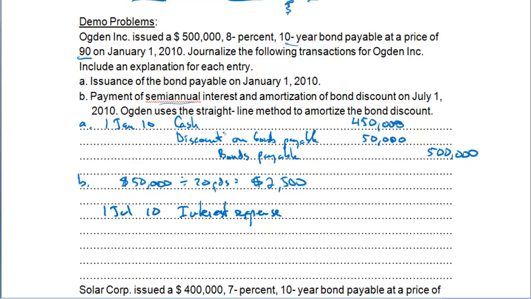So to reduce that, we're going to have to credit, right? So we're going to credit discount on bonds payable, and we worked out that it was going to be $2,500. And then we have cash, and cash is going to be 8% of the $500,000 bond, which would be $40,000 twice a year, so divide by 2, $20,000. And so the interest expense recorded then is $22,500.